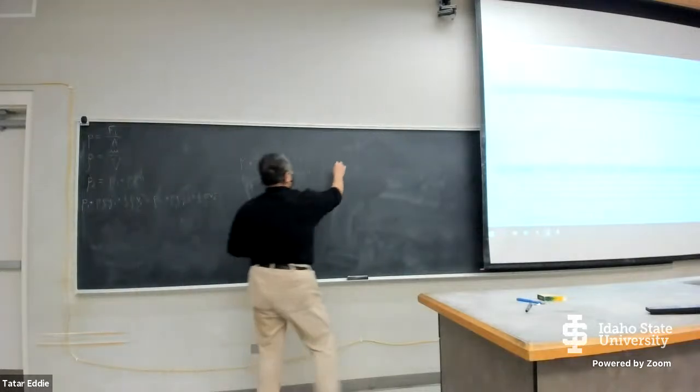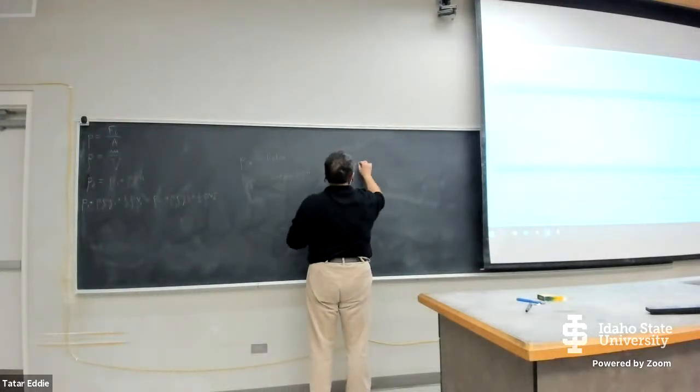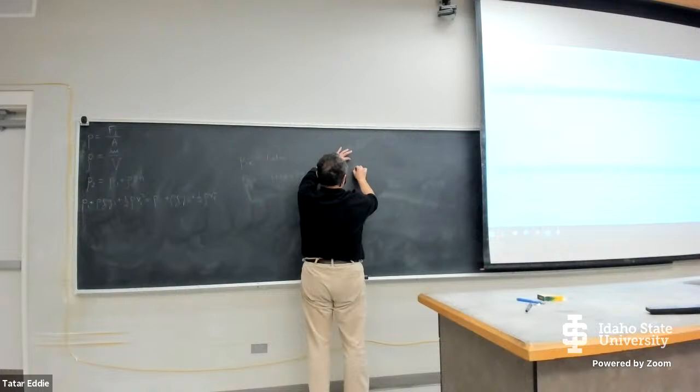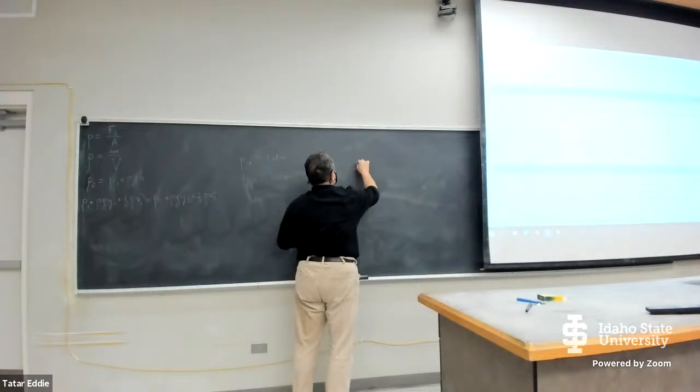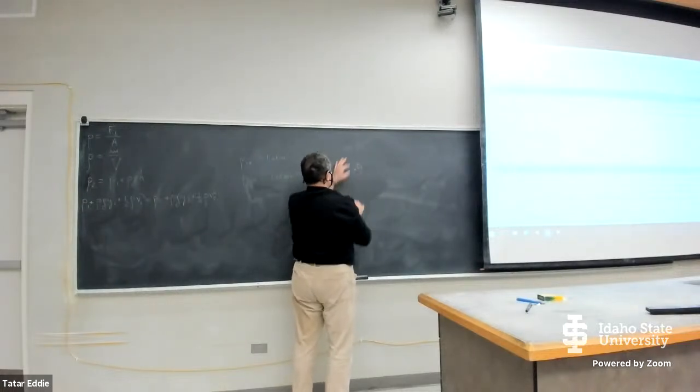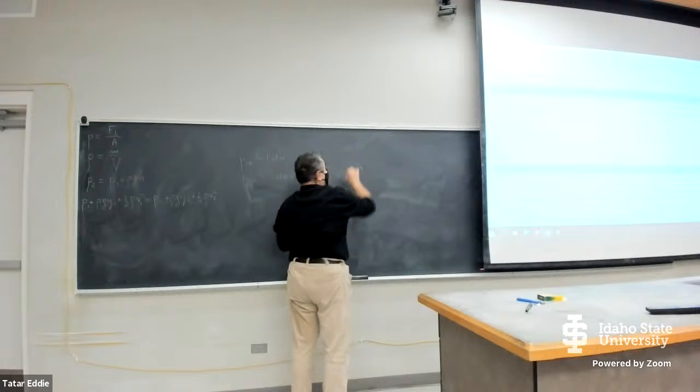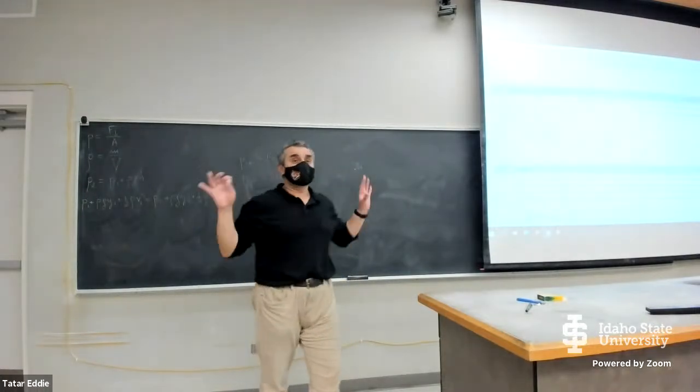So why is it? Because here is the water. When you're here, you're going to be subject both to atmospheric and this hydrostatic pressure due to this h. So the surface of water is under atmospheric pressure, right?